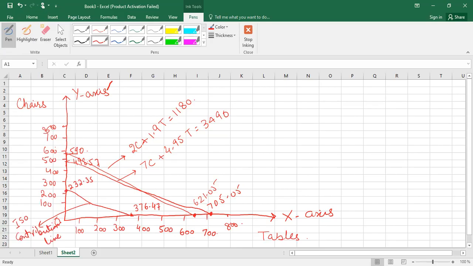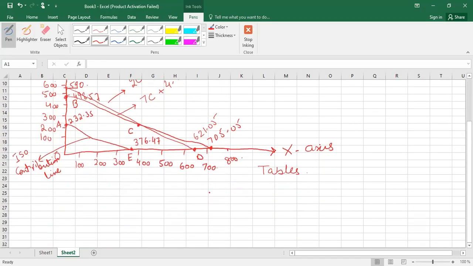Here we will say that this is O point, this is A point, this one is B point, this intersection is the C point, this one is the D point, and this one is E point. And this whole area is called what? It is called feasible region. Feasible region is called maximum contribution area.